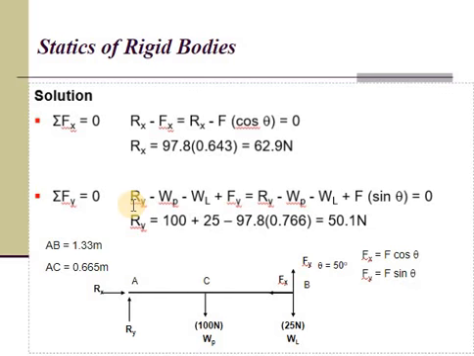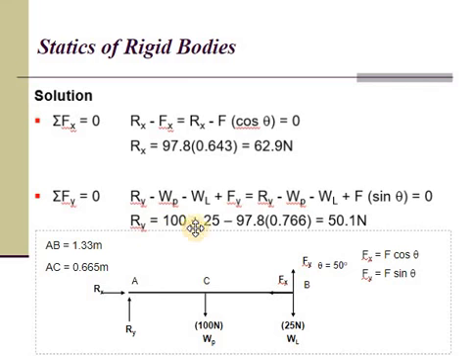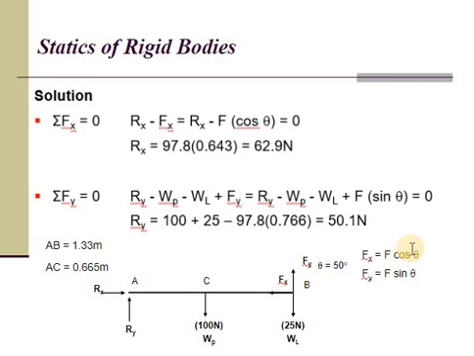So we set all these forces in our equation, and we set it equal to 0. So we have Ry minus Wp minus Wl plus Fy equals to 0. Solving for Ry, in this case it will be 50.1 Newton.